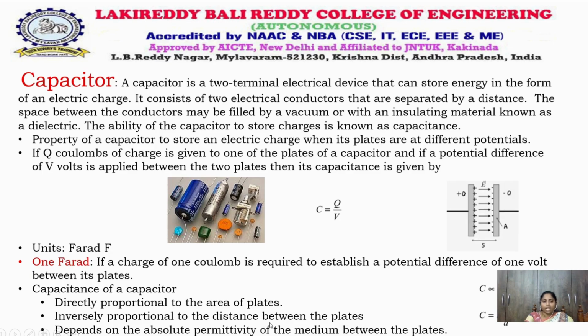The proportionality constant is epsilon, which is nothing but the absolute permittivity of the medium between the plates. So this is about the basic elements: resistor, capacitor and inductor.